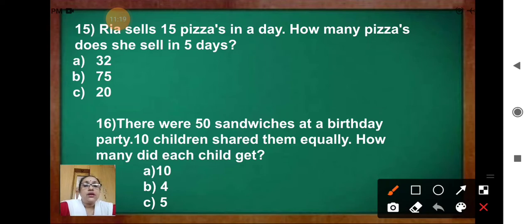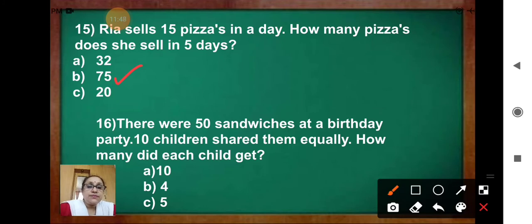Division, multiplication, what? You have to multiply. Yes? So 15 multiply by 5. Okay? Do it. And the correct answer is 75.